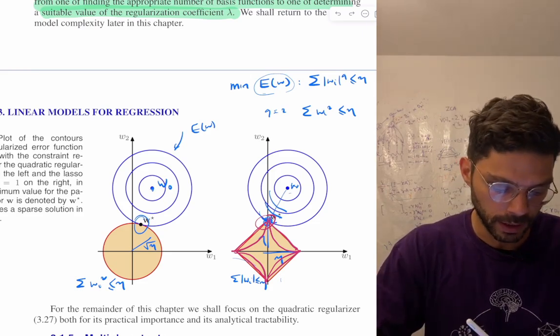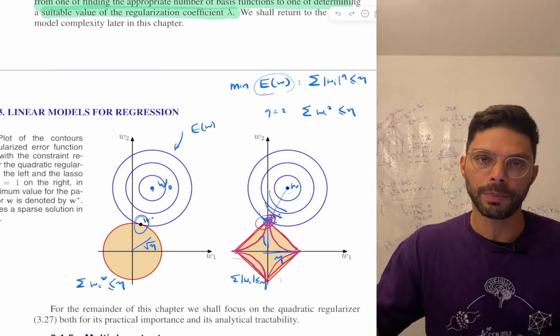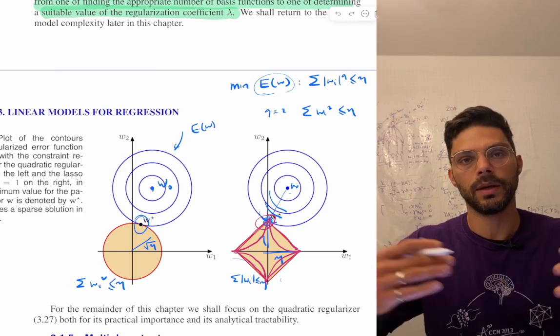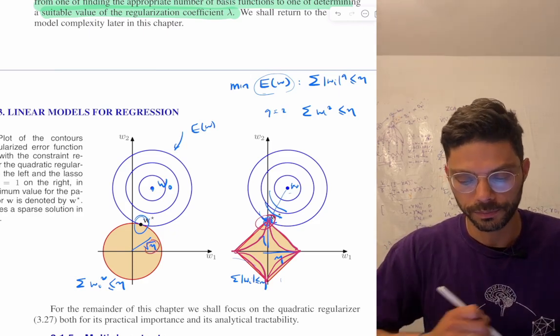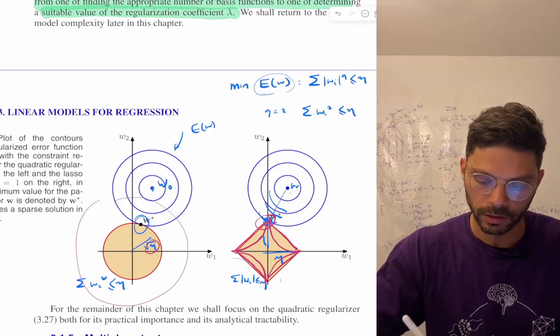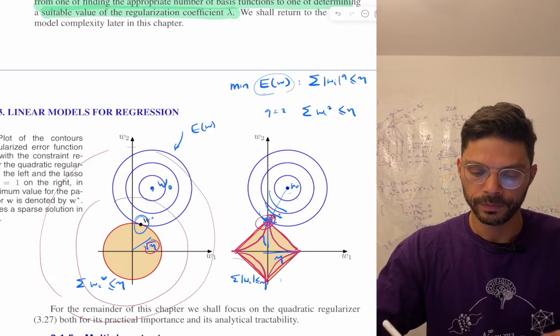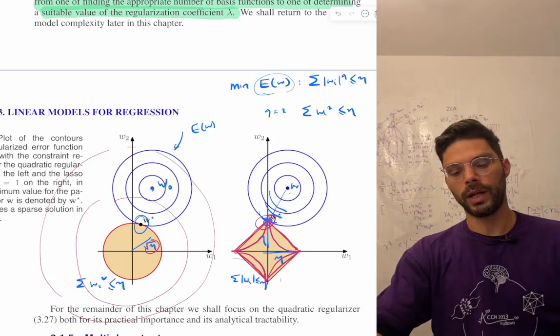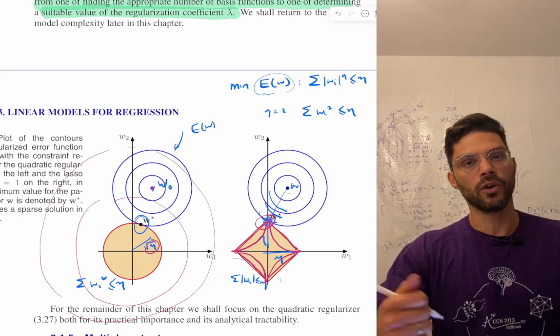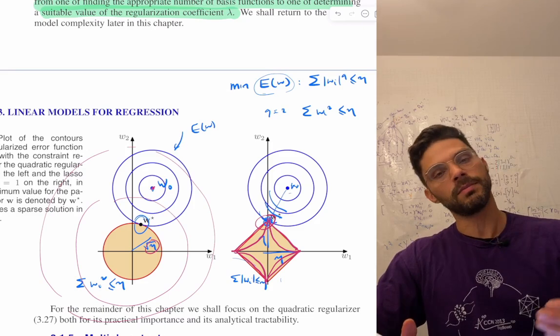Another point I wanted to make while we're here is to notice what happens when we make eta, our constraint, larger. We can make the error bar larger and larger, and eventually the true solution will be inside it. You won't have to move at all. That corresponds to making lambda smaller and smaller.